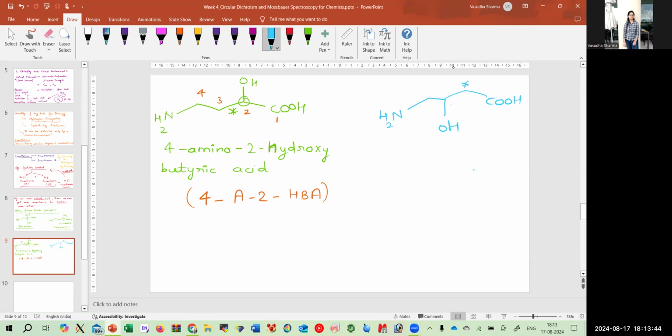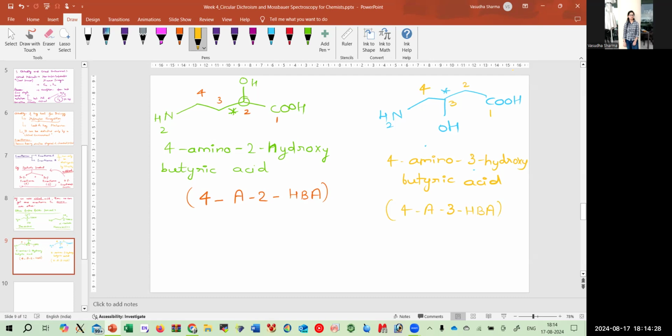Now this is our chiral center. Again, this is 1, 2, 3, and 4, so the name is 4 amino 3 hydroxy butyric acid, earlier it was 2 hydroxy, and the code is being given as 4A3HPA. So you have to be very careful which code you are taking and which code you are talking about.